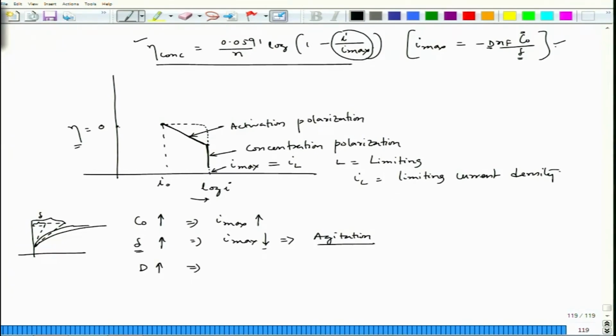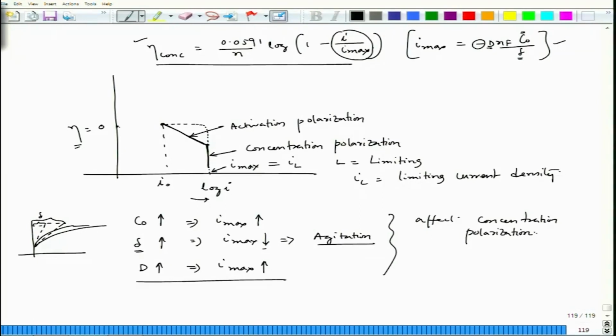As per this formula, this minus sign is indicative of flow of ions against the concentration profile, from higher to lower concentration, and if D increases, I max also increases. So, these are some factors which affect concentration polarization.